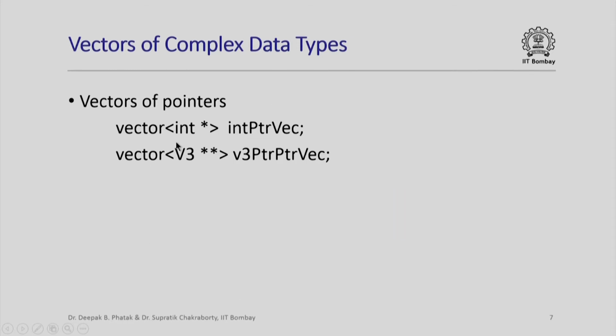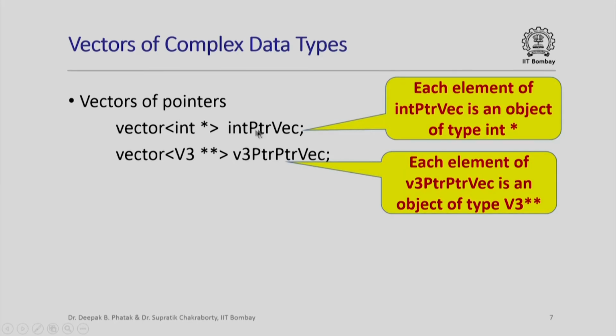We could also have vectors of pointers because indeed pointers are legitimate types. So, here I have int pointer vec, and each element of int pointer vec is an integer pointer, and here I have another vector called v3 pointer pointer vec, and each element of this vector is going to be of type V3 star star, that is a pointer to pointer to V3.